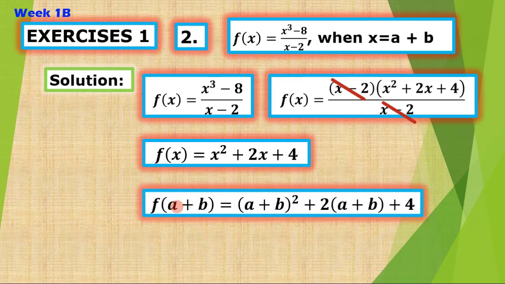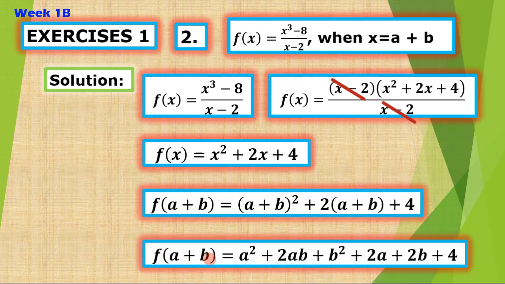And we are now to evaluate the function at x equals a plus b. We just simply substitute a plus b in the x here in the simplified function. So we have (a plus b) squared plus 2 times (a plus b) plus the constant term, which is 4.